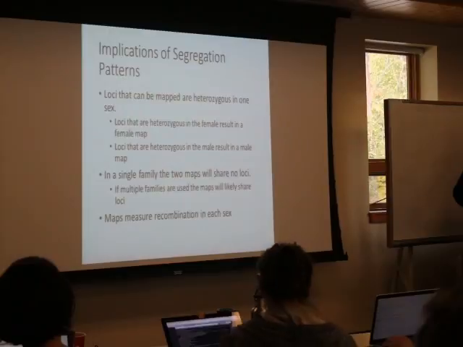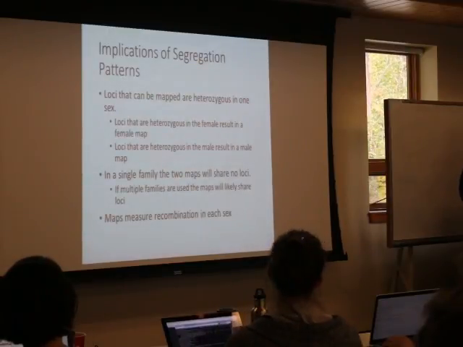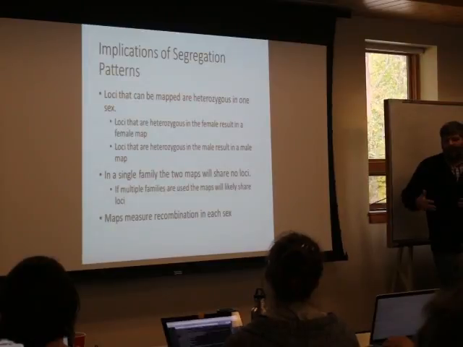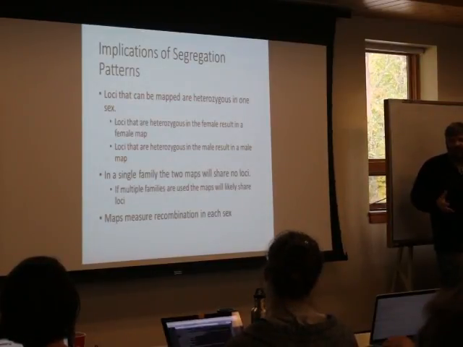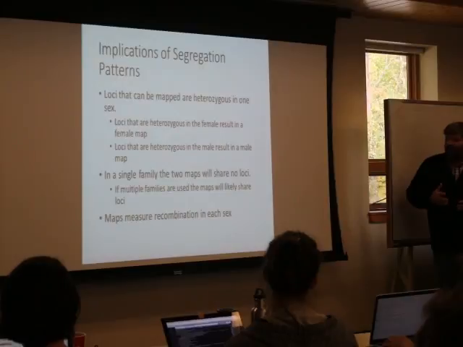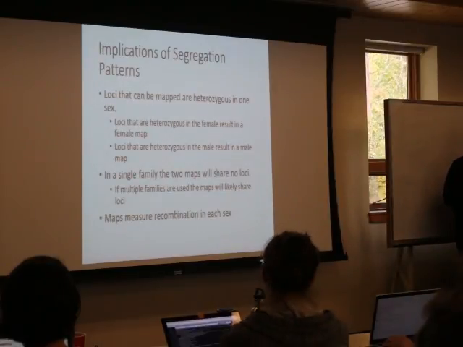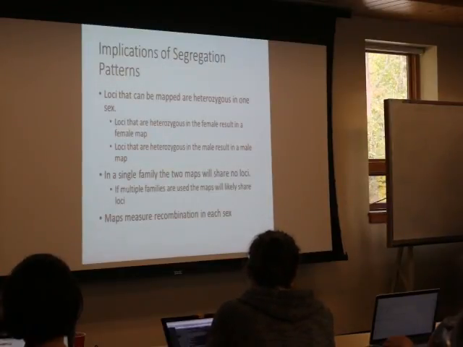So we end up with a female map, which is all the loci that are heterozygous in the female, and a male map, which is all the loci that are heterozygous in the male. With a single family, your two maps won't actually share any loci. These maps also ultimately measure recombination in each individual sex, which can be very different, and I'll show some examples of that.